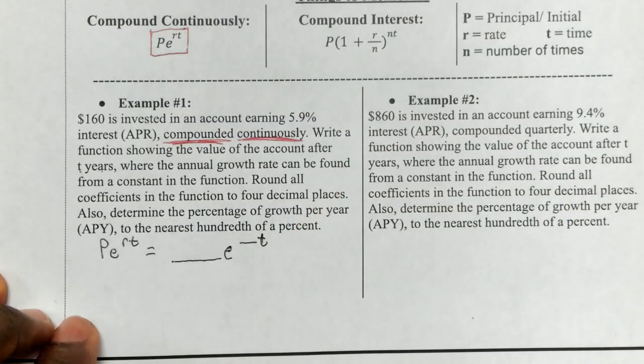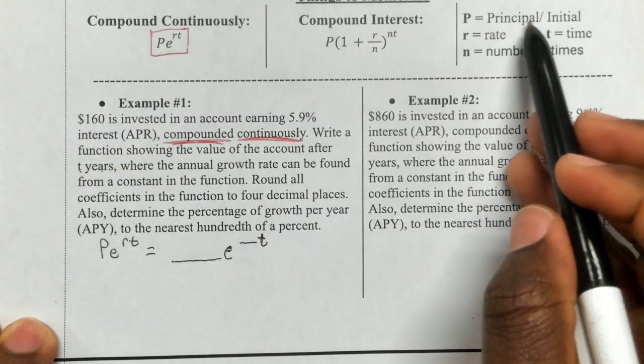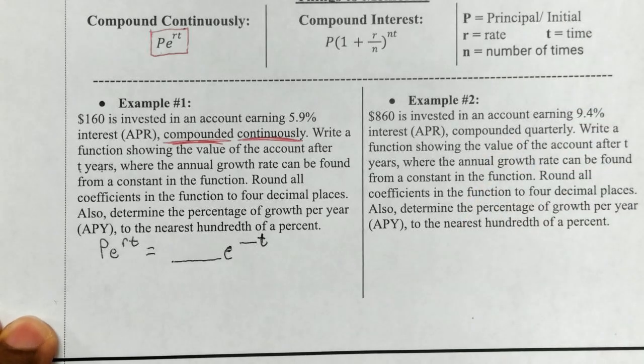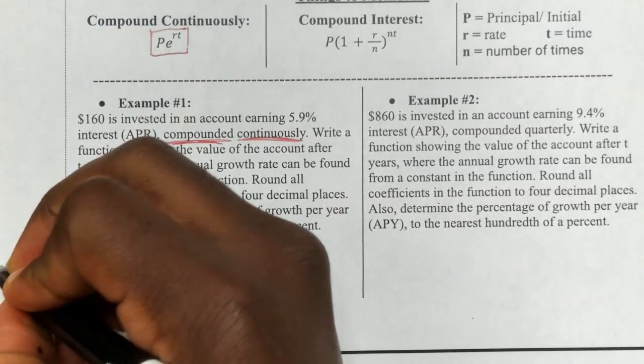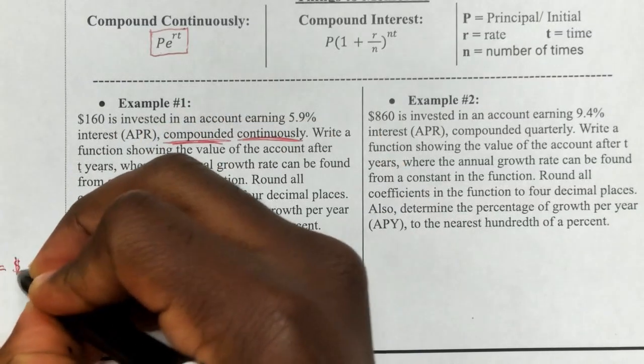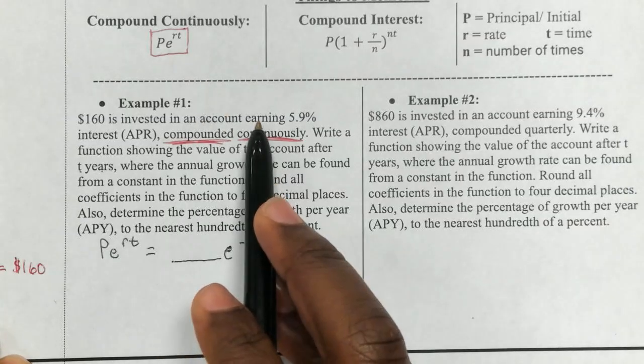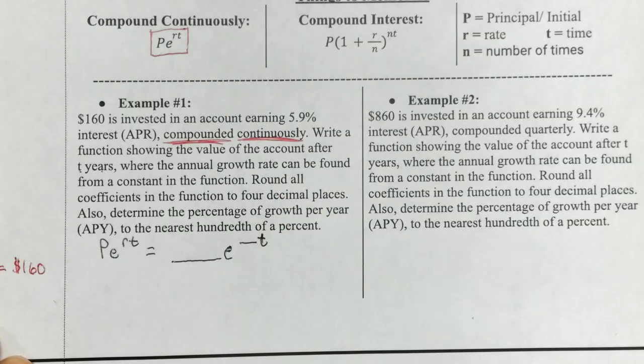So we need to identify what the P and the r represent. In all cases, the P represents the principal or the initial value, which is the amount that you start with. So my P will be equal to $160 because that will be the amount that we start with before we started to earn interest.